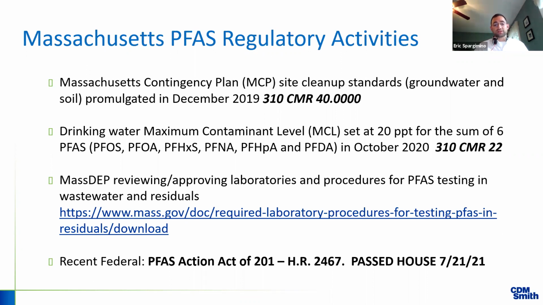And then just recently, on July 21st, on the federal level, the PFAS Action Act of 2021, HR 2476, just passed in the House of Representatives. That's a very significant act for PFAS nationally because it requires EPA to establish a national drinking water standard for PFOA and PFOS within 2 years. Granted, Massachusetts already has one, so we're ahead of the game there.